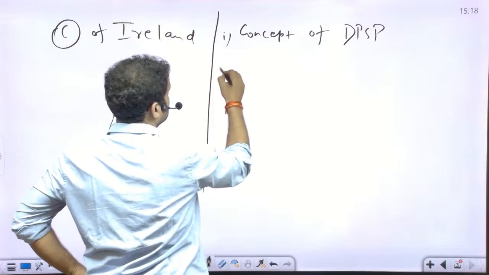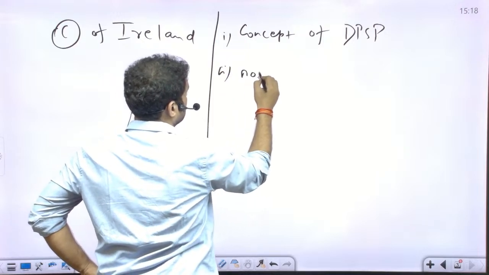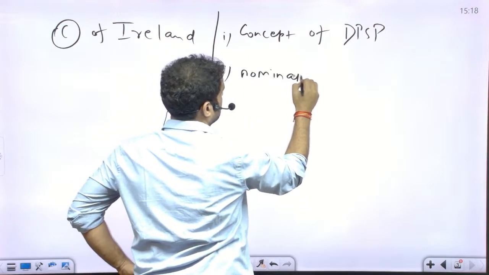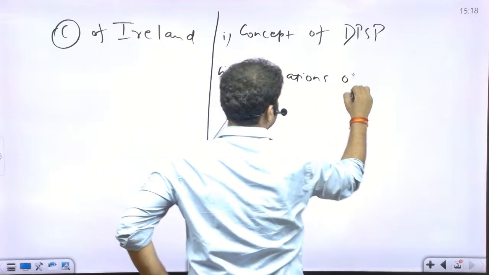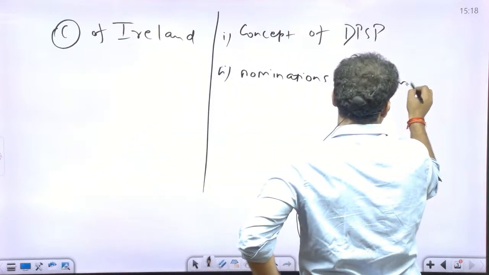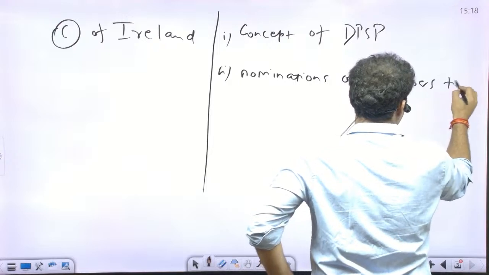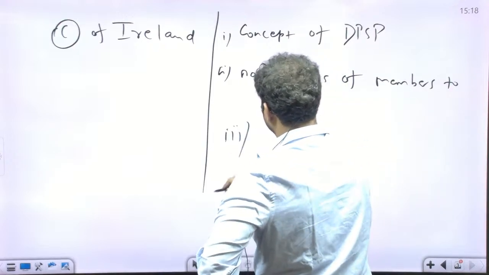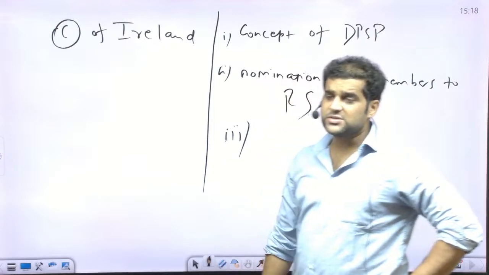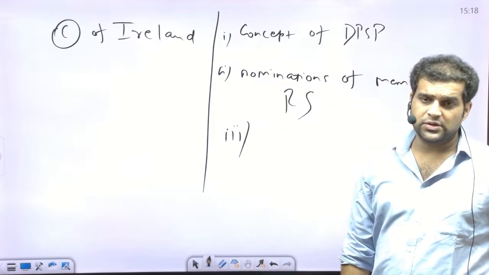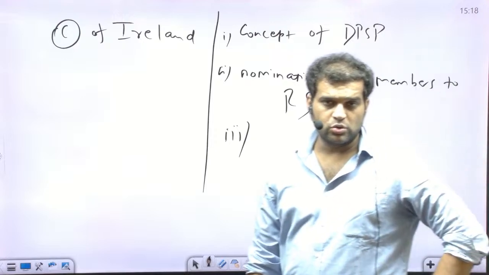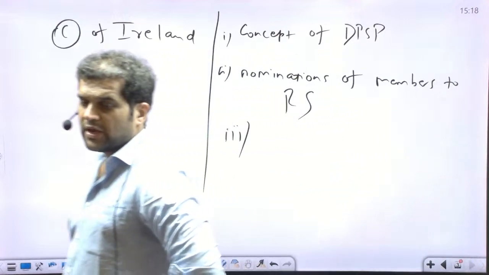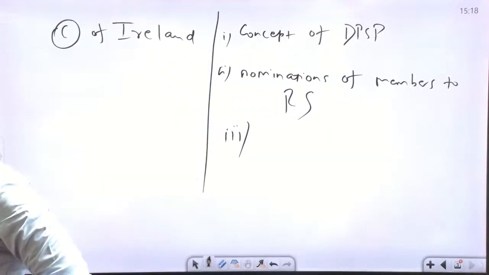Second is nomination of members to Rajya Sabha. In Rajya Sabha, how many members are nominated in the Indian Parliament?